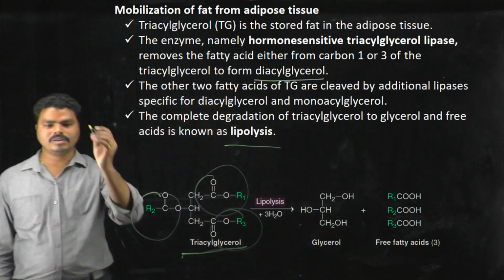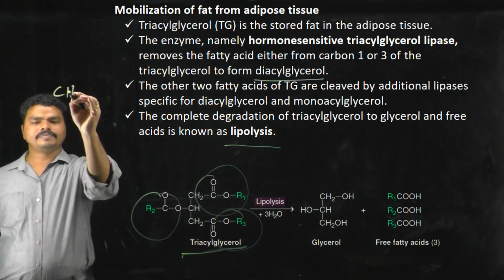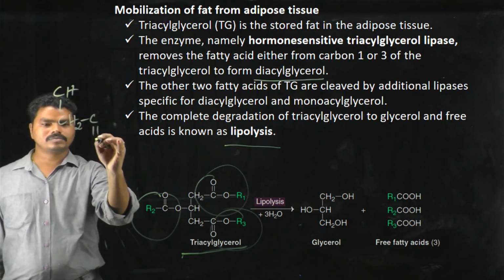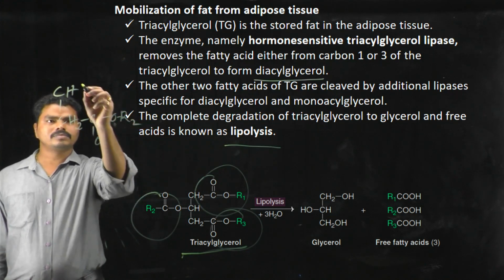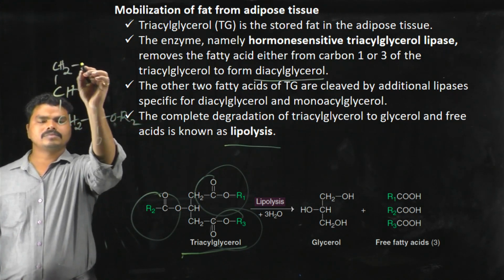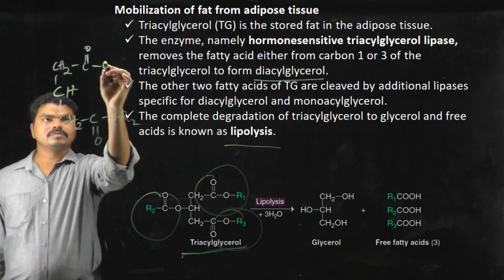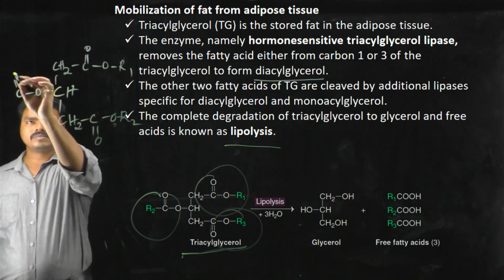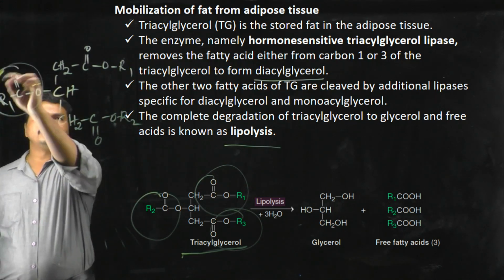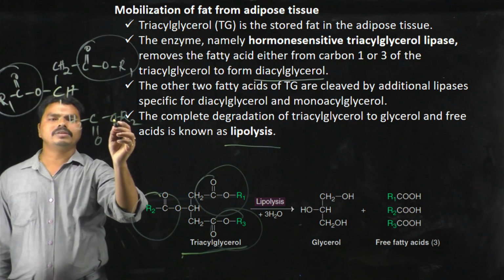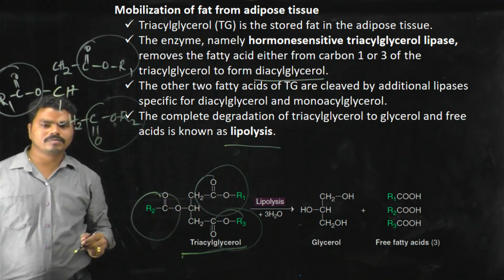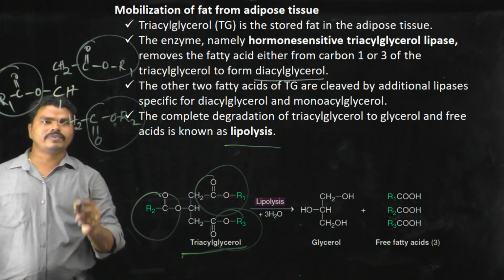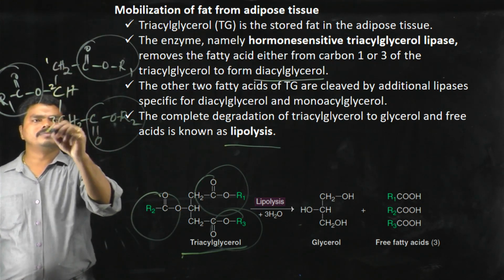So when you see the structure of this triacylglycerol, these are the three acyl groups attached to the glycerol molecule. For example, here it is 1, 2, 3.